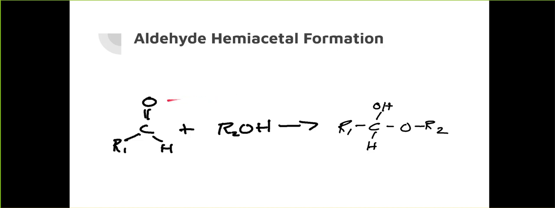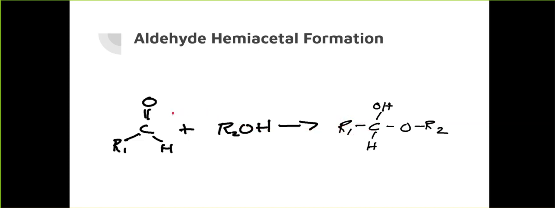So here we have an aldehyde. You've got RCOH, and we're going to react it with an alcohol, and this will form a hemiacetal. So you're going to have this R1, and this carbon is going to be right here.